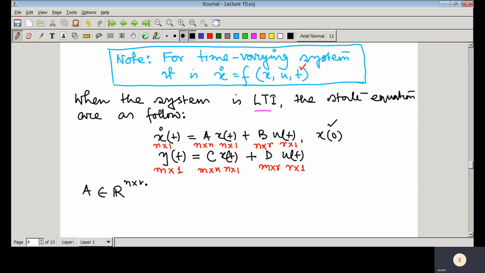A is n cross n, and B is n cross r, C is m cross n and D is m cross r. So now they have some names. It has that name called the system matrix.